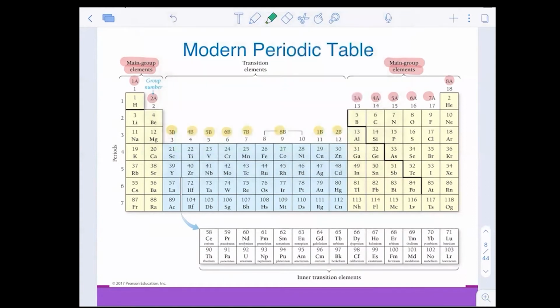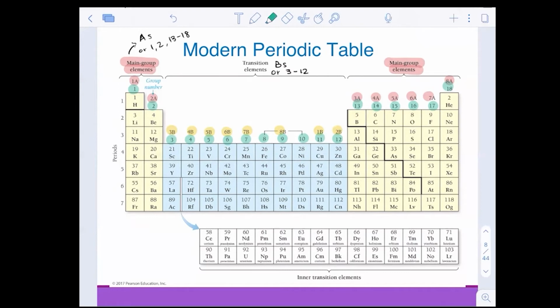You can also see a new method where we just go straight across and count 1, 2, 3, 4, 5, 6, 7, 8, all the way up to 18. Doesn't change anything, it's just a way of counting, right? So the main groups are the A's, or 1, 2, 13 through 18. And the transition elements are the B's, or 3 through 12. Either way you slice it.